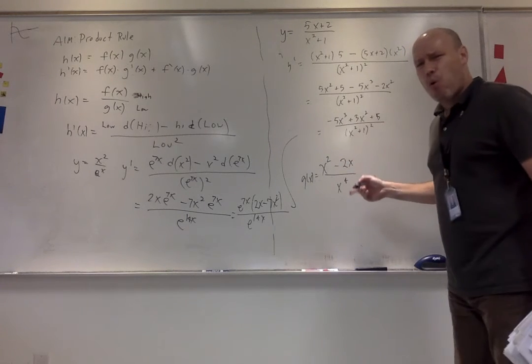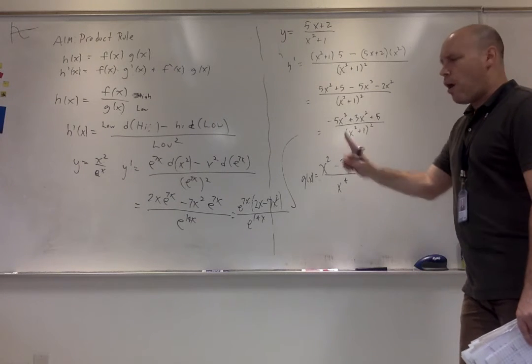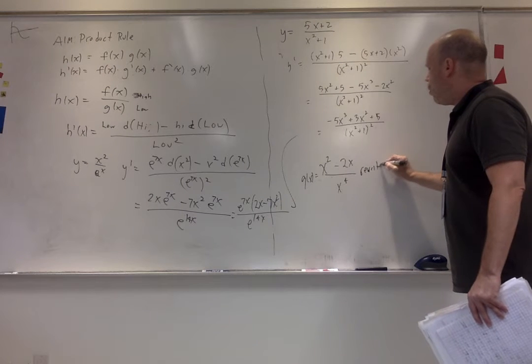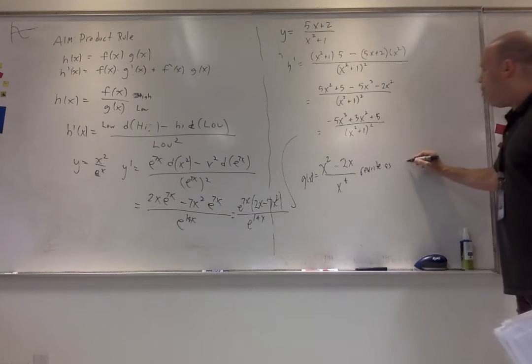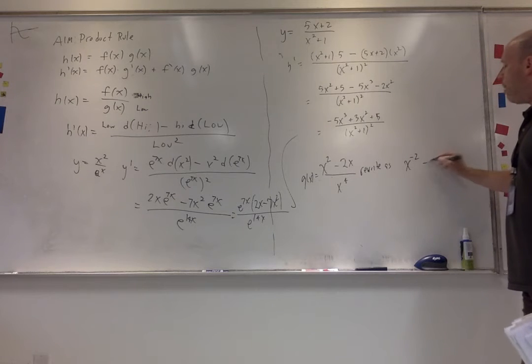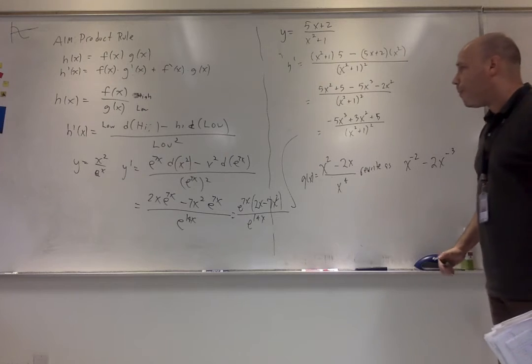Am I using the quotient rule for this one? What do you think? No, we're not. We're going to rewrite it as x to the negative 2 minus 2x to the negative third, and it becomes a simple problem.